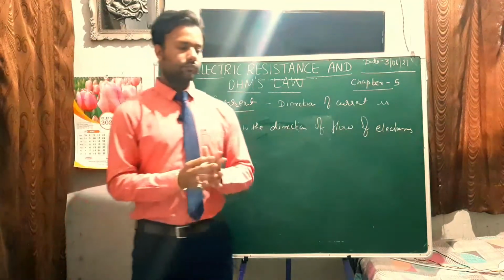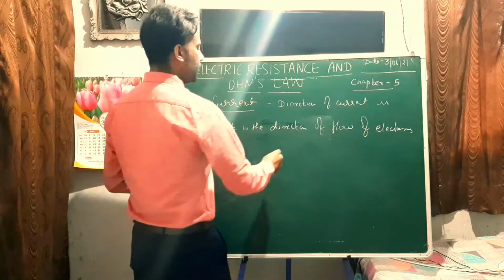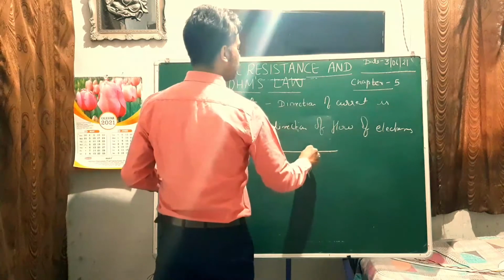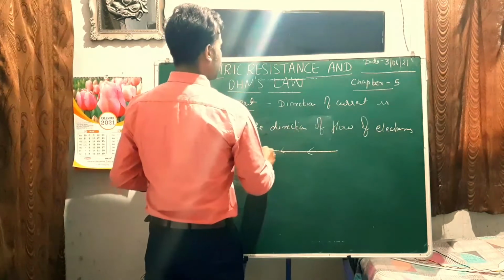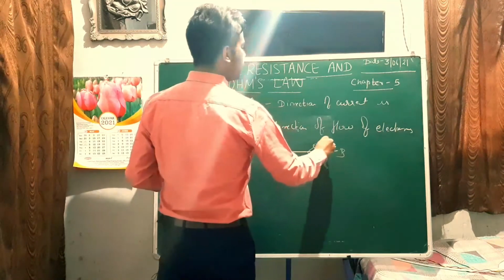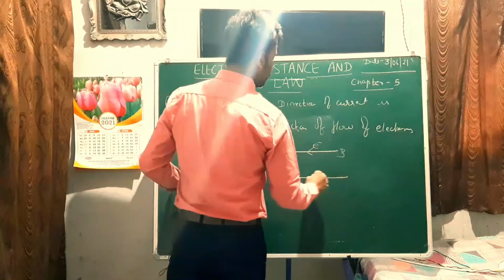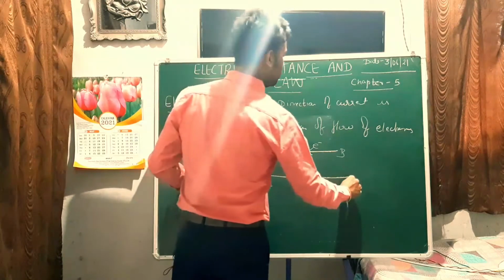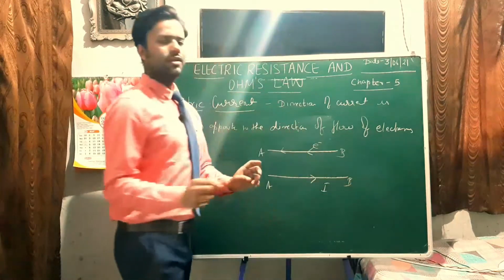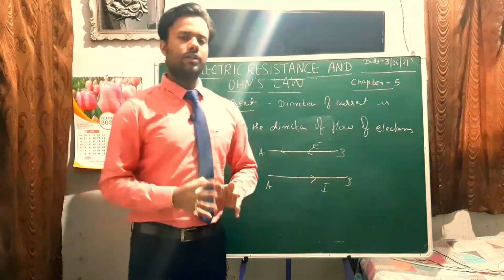So if in any circuit the electrons are going from, let's say, B to A, then the current in that circuit will be from A to B. It's quite simple. We are studying this from class 10th, right?